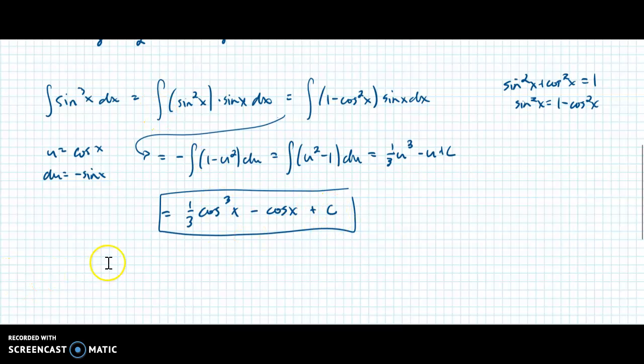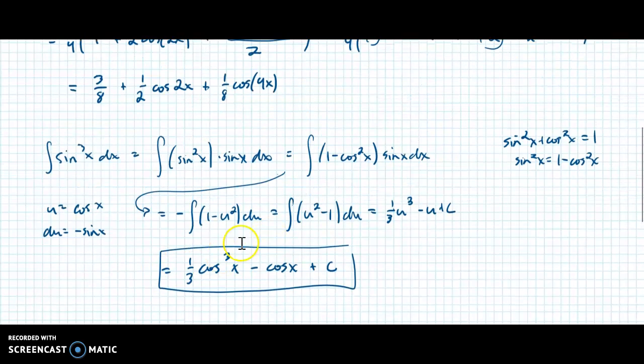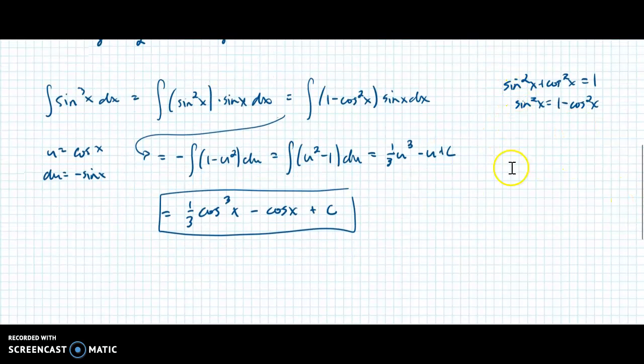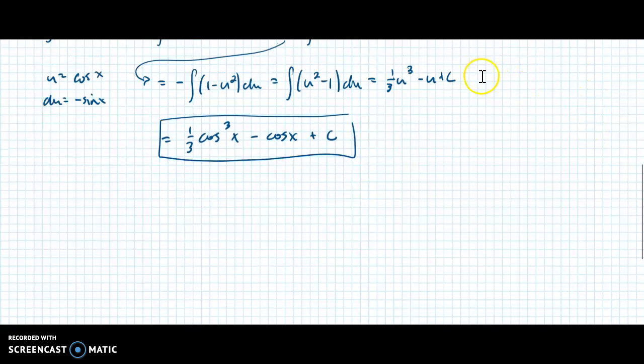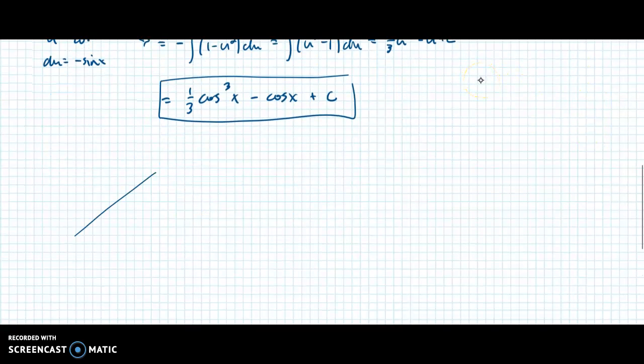So the first thing that I want to talk about is what the identity is that involves secants and tangents. And I'm going to show you just how to get to it so you don't have to memorize it, because I don't really like memorizing things. You should know that we can get the Pythagorean identity by drawing a triangle. I'm going to use a theta. You could use an x there.